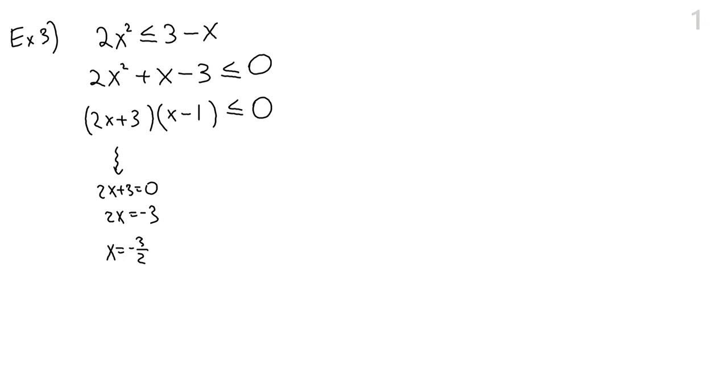The 2x plus 3 may change at negative 3/2, and the x minus 1 may change at x equals 1. So when we look at our real line, there are two potential points where the sign change can happen.